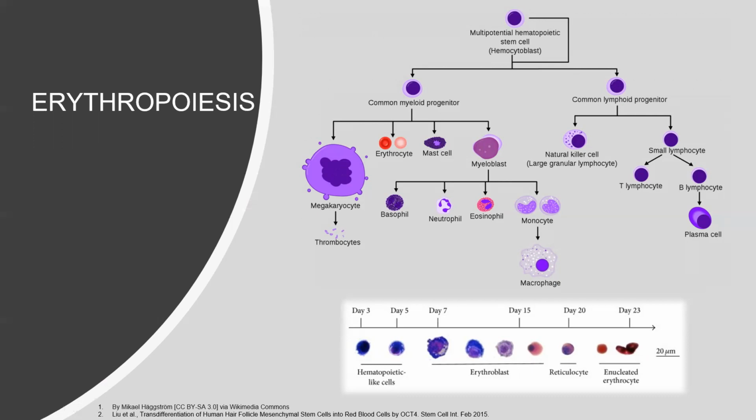They're found in the bone marrow mainly, and actually can be mobilized into circulating blood when needed. Some hemocytoblasts differentiate into common myeloid progenitor cells, as you can see over here on the left, which go on to produce erythrocytes, right? And actually some other types of cells as well.